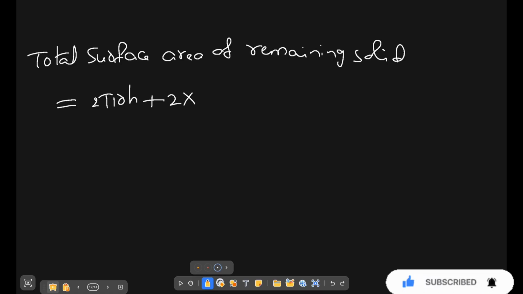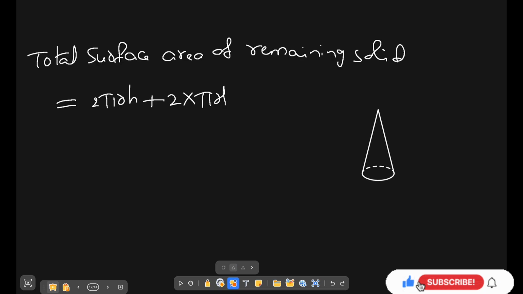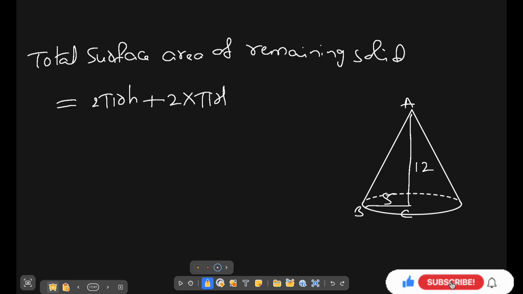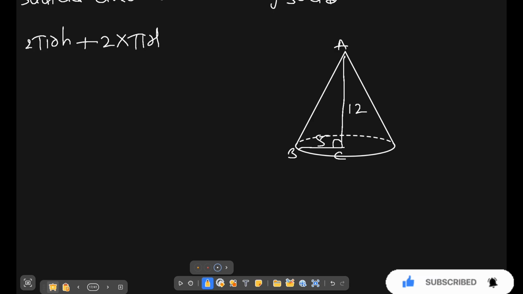What is the curved surface area of one cone? Pi r l. So we have to find the slant height. How do we find the slant height of each cone? Radius is given as 5 and height is given as 12. So let's apply the Pythagoras theorem for triangle ABC, right angle at C. AB square is equal to the sum of the squares of the other two sides, AC square plus BC square.